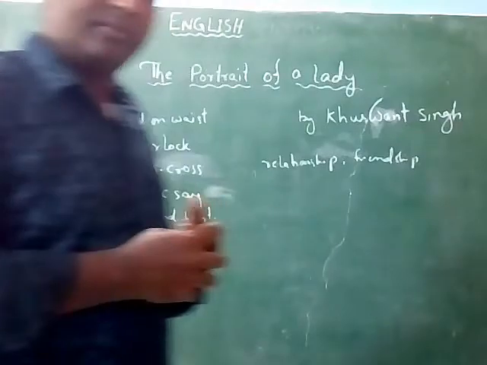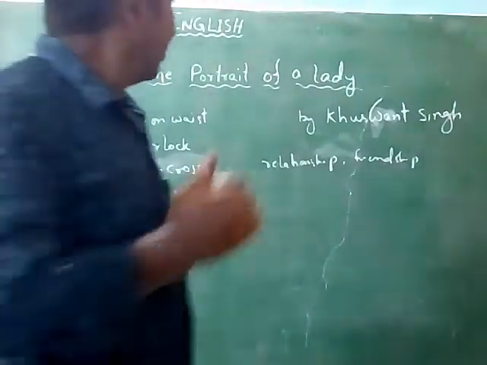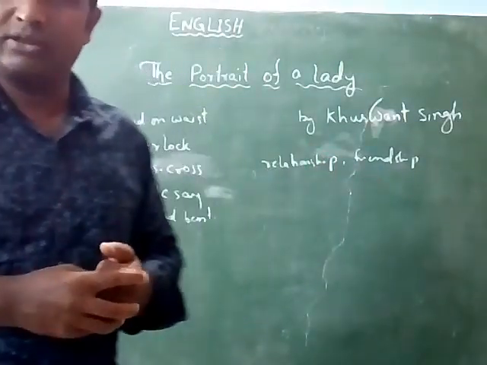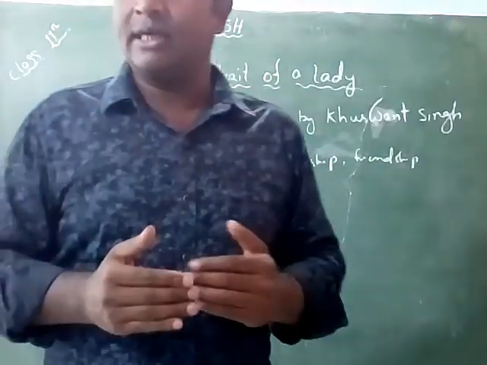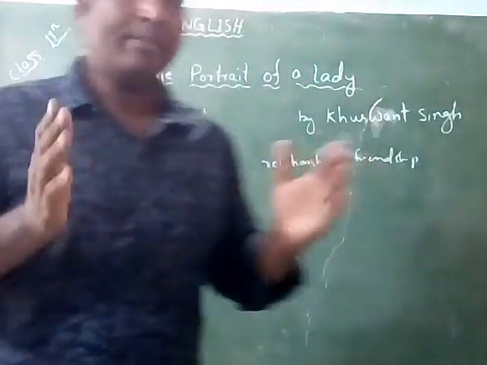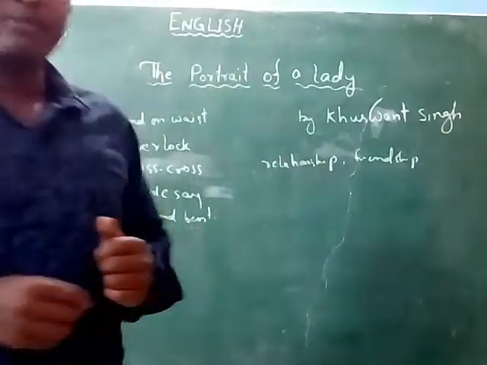Yes, this is the moral of the story, that a strong bond can happen with anyone. It is not necessary that only two persons can have a strong relationship. Clear? Okay, thank you very much.